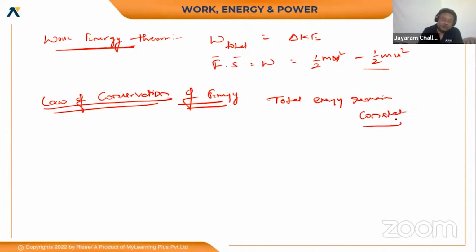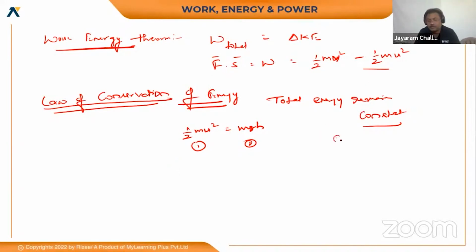So whatever may be the form of the energy, either the kinetic energy will be converted into the potential energy, or potential energy will be converted into the kinetic energy. So in this case, kinetic energy is converting into the potential energy. In some other cases, kinetic energy or potential energy will be written in terms of half m u square.